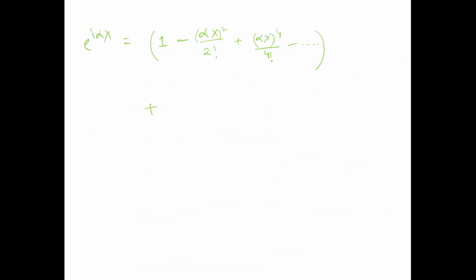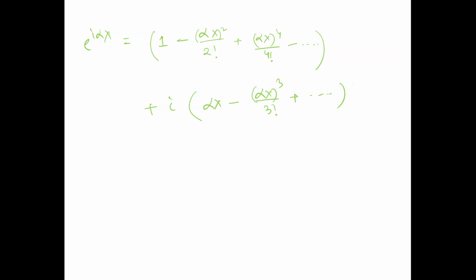If you take common i from there, you have alpha x and alpha x cube divided by 3 factorial plus alpha x to the power 5 divided by 5 factorial, and so on. So this is the general thing.